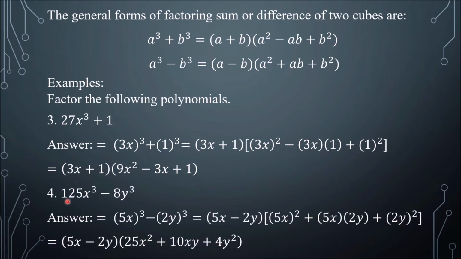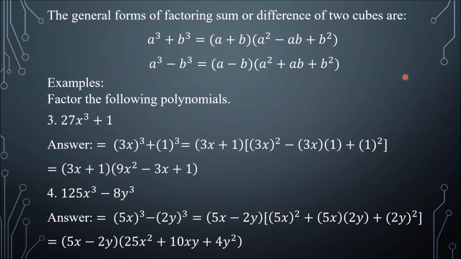Next, number 4, 125x cubed minus 8y cubed. 125x cubed is 5x, quantity cubed. That's 5 times 5 times 5, 125. Then x cubed. Now 8y cubed is 2y, quantity cubed.